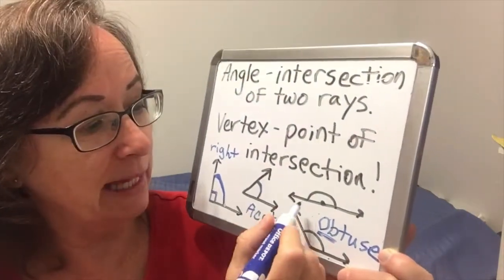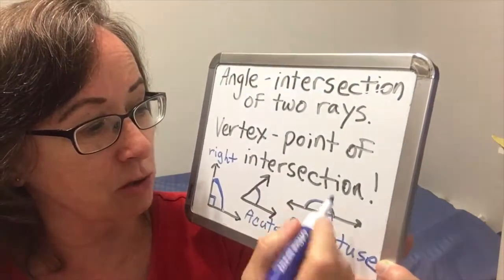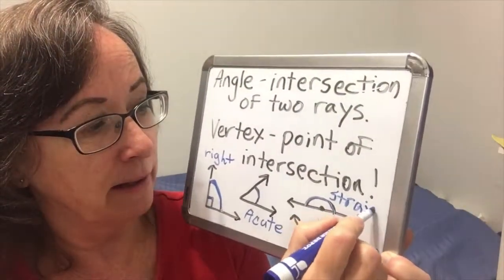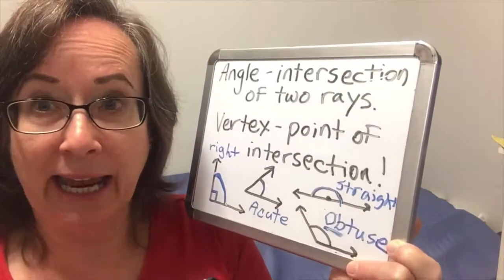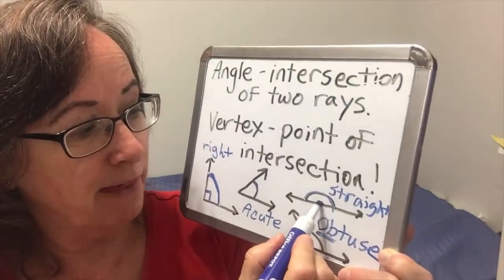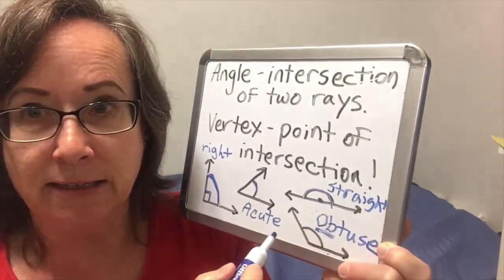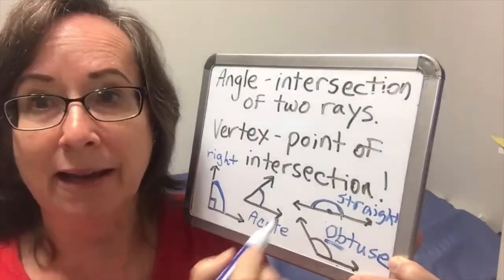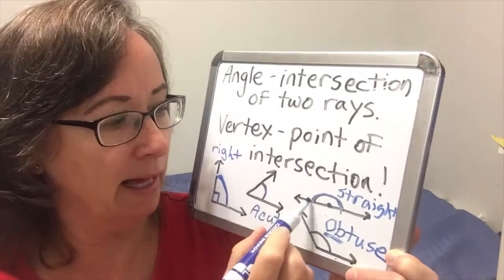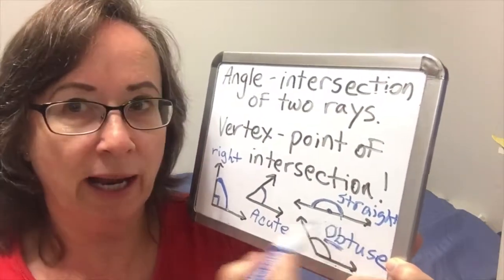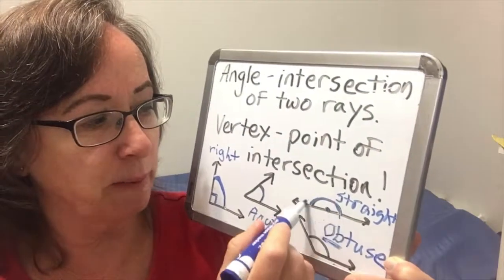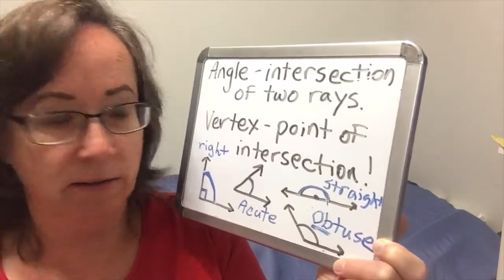And then we have what's called a straight angle. A straight angle is 180 degrees. That's the vertex there, but you never see any bend, because the two rays are actually lying on a straight line. So that would be a straight angle.